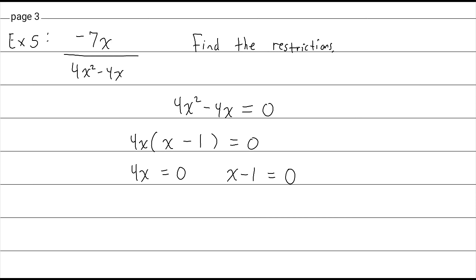If I divide both sides by 4 on this one, I get x equals 0. If I add 1 to both sides on this one, I get x equals 1. So this one has two restrictions. X cannot equal 0 and x cannot equal 1.